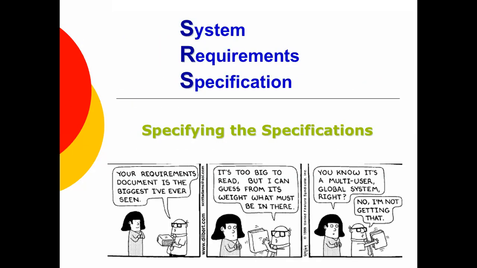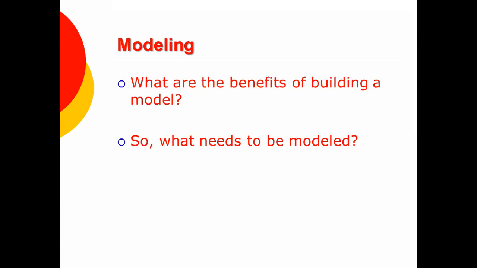The second one here is modeling. During the software requirement specification, we will do some type of modeling. In this case, we will check what the benefits of building a model are. At the initial stage, we will design a model, and as per the design of the model, we will start our work.